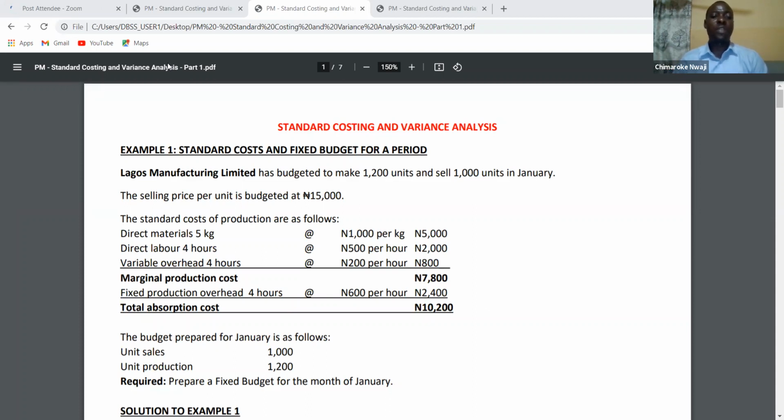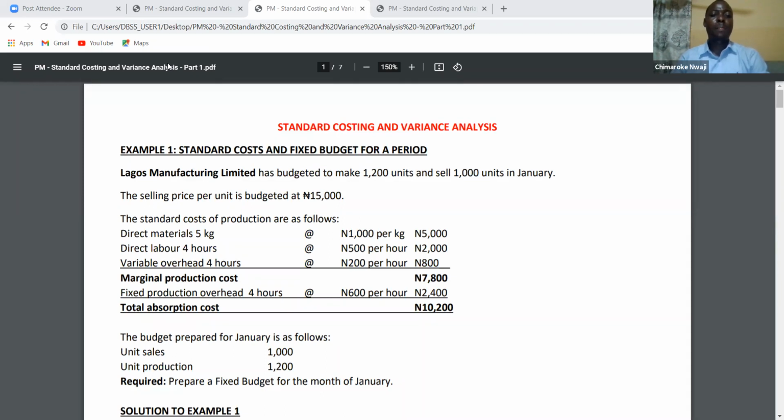The same thing you do to your variable overheads. You use your labor hours multiplied by the variable overhead standard cost. You do the same thing to your fixed overhead or fixed production overhead. When you add all these costs together, you have what they call the total absorption cost.